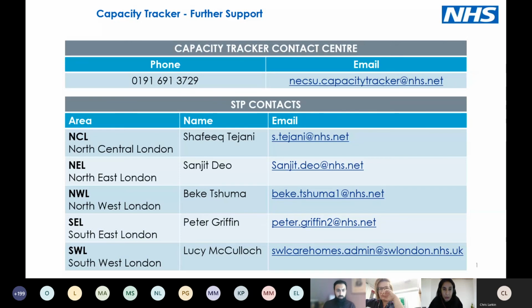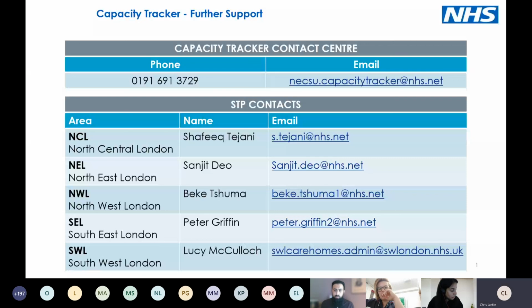If you have any technical queries, please contact the contact centre support for Next CSU, and I think my colleague Chris has already put that number in the chat box for you. These are the key contacts for Capacity Tracker across the STPs. If you aren't getting any responses from your system champions, please go to your STP leads. Was there anything else I missed, Chris and Hassan?